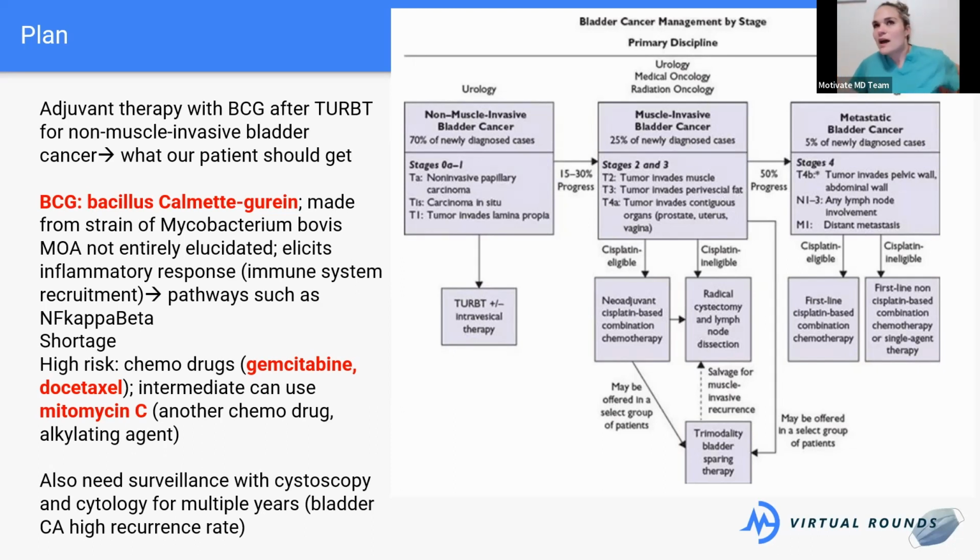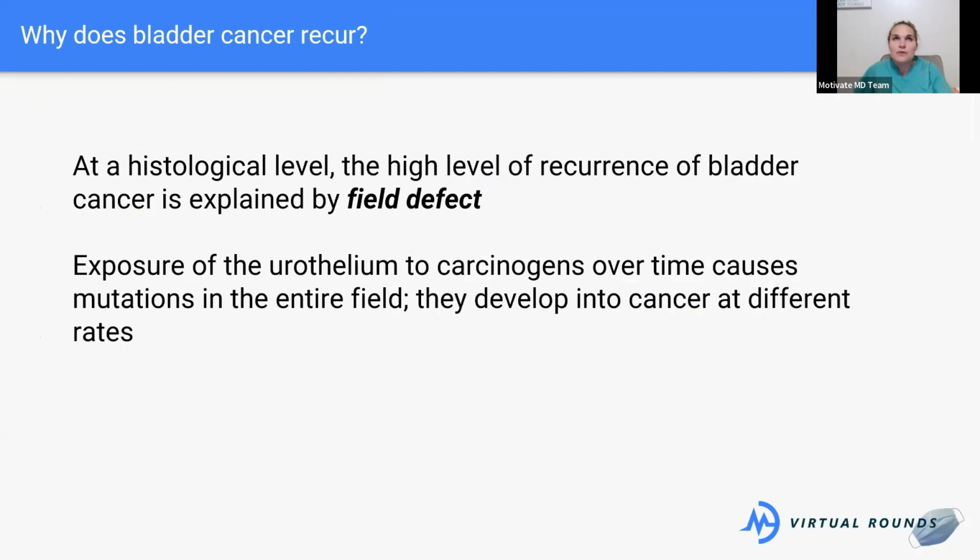And this goes back to why bladder cancer tends to recur. The reason we need to keep surveilling these people, even after they have been treated and even after their cancer has gone away, is because new tumors can arise. The reason goes back to the urothelial lining that the cancer started from, the dysplastic cells. It lines the entire urinary system, right? So if you have mutations in that, it could be anywhere.